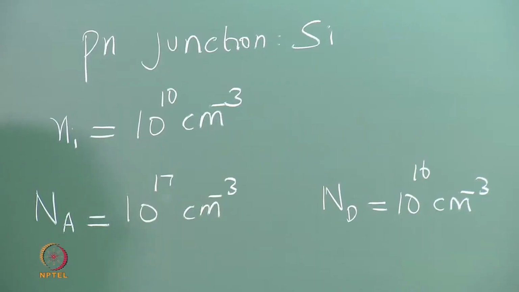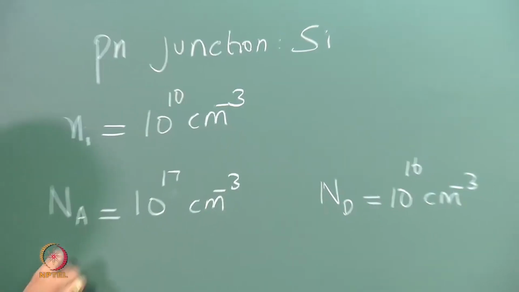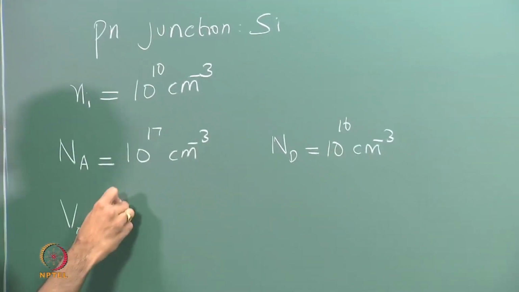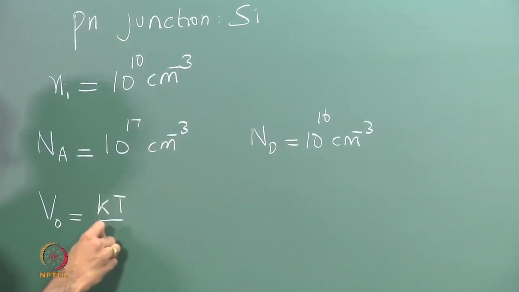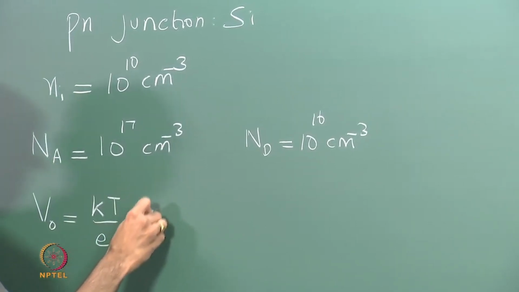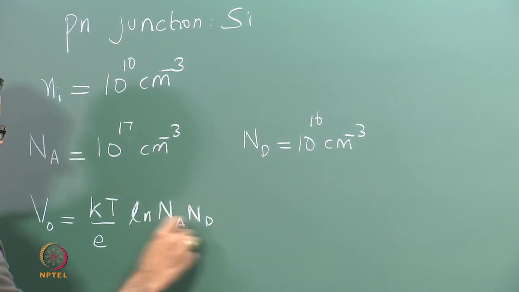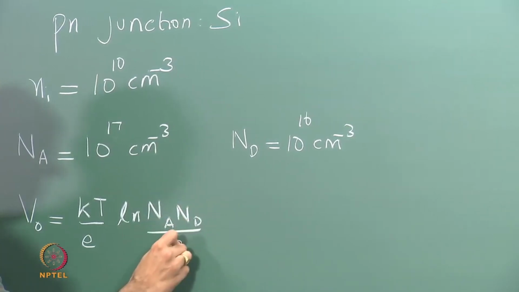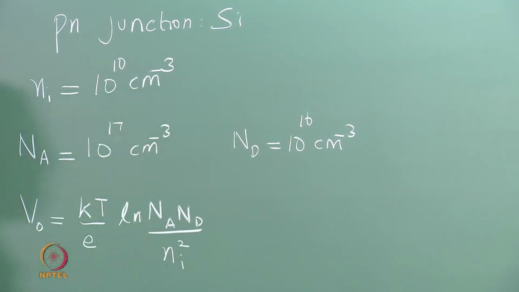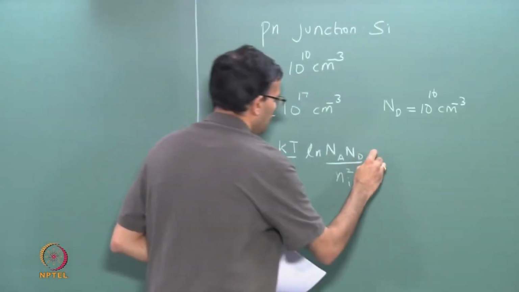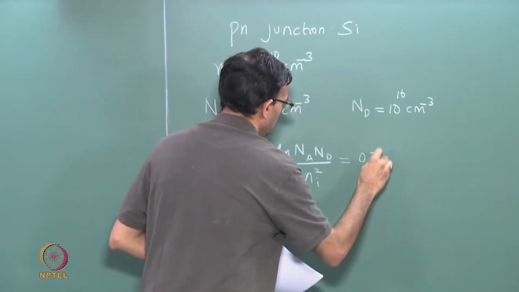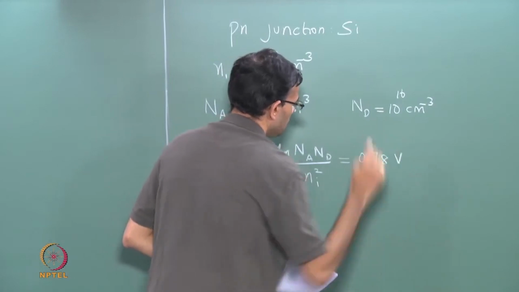So last class we calculated the contact potential in this case. And when we substitute the values, we get V naught to be 0.78 volts.